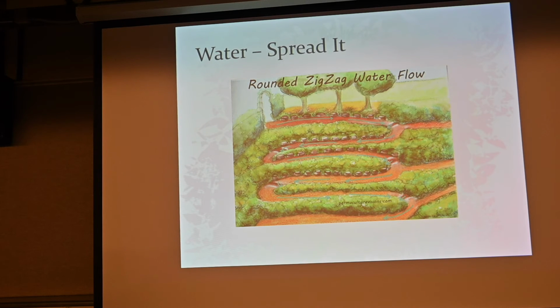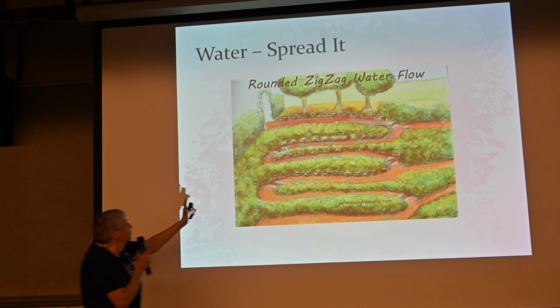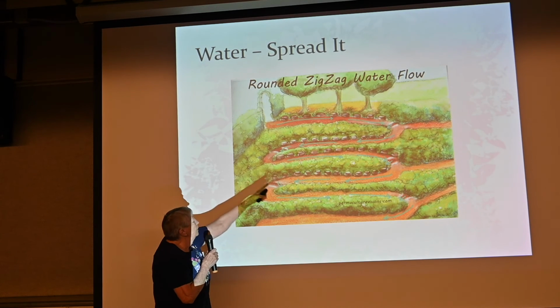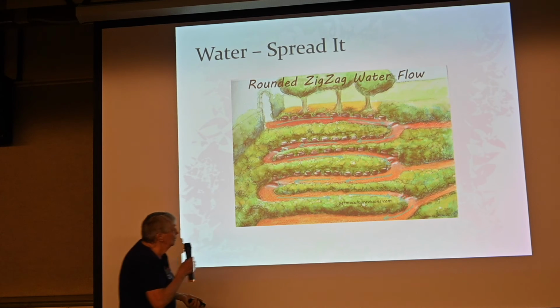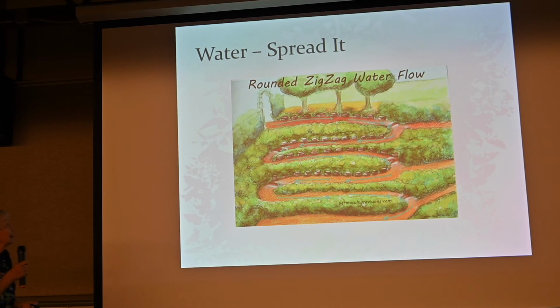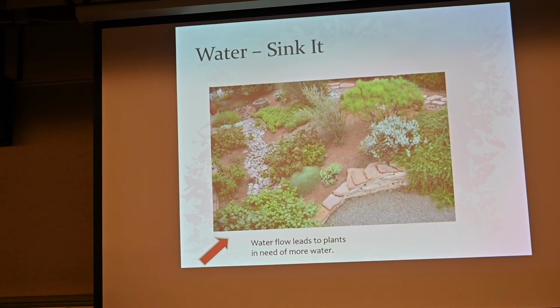Water spread it. So now we've got the zigzag pattern, another permaculture geometric approach. And you can see how that's going to slow it down and how at each turn it's actually using the water here with plants. So each of those plants takes advantage of it. Sink it. Did I miss a slide?